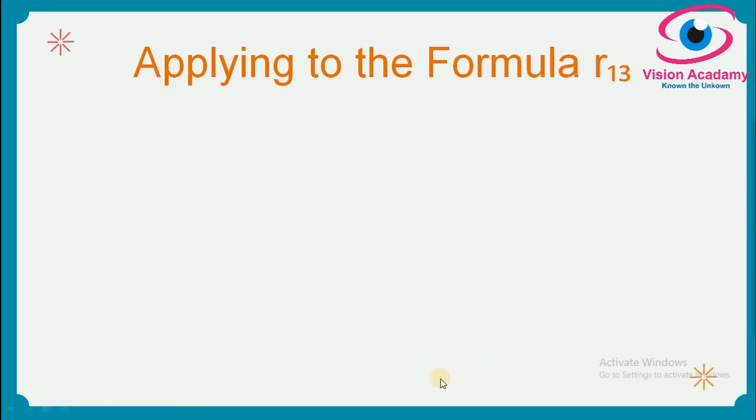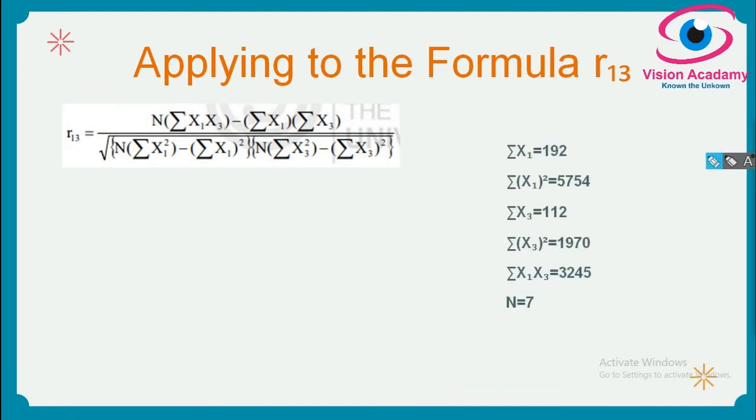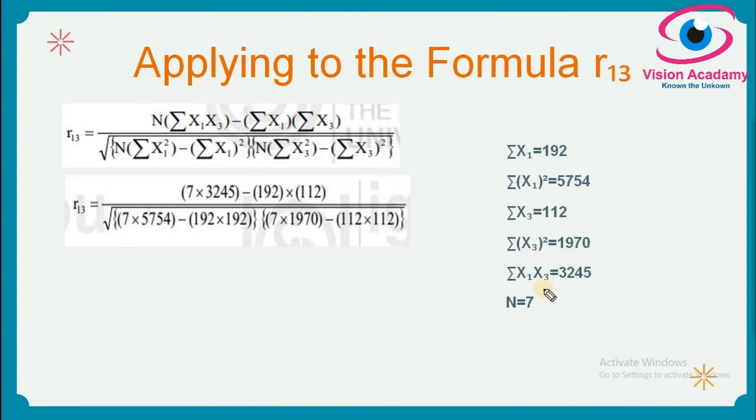Now I shall move on to obtain R13. This is the required formula for that, and these things are necessary to apply to the formula. So I will replace the given details in the formula first. Here also we have n as 7 observations, summation x1 x3 is 3245, summation x1 is 192, summation x3 is 112, and n is 7 observations.